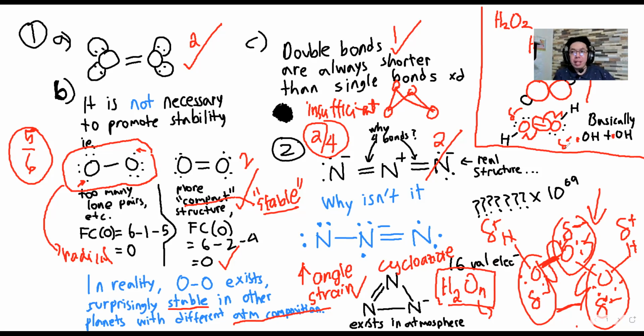N double bond N, right? It looks like this: double bond N, then this is your other one, then this is your lone pair, right? Do you see it better? That's 120. So what is this one? It's 60, a triangle. Only 60. Okay, correct. So you have a high angle strain here.